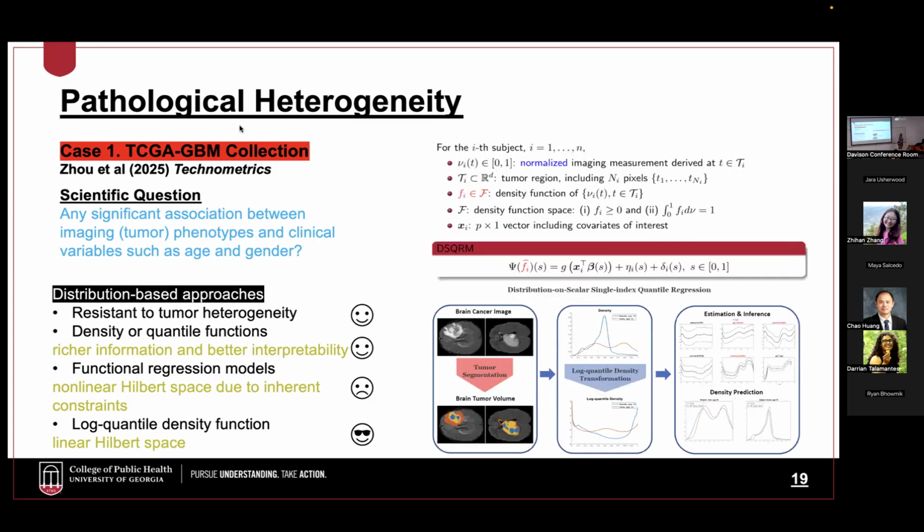And here, after we apply this specific transformation, which we call the LQD transformation, we can treat this kind of transformed function as your response, and we can conduct this regression model here. But we want to give this kind of model some flexibility. So which means that we don't just want to apply a linear regression model. We want to apply a semi-parametric model.